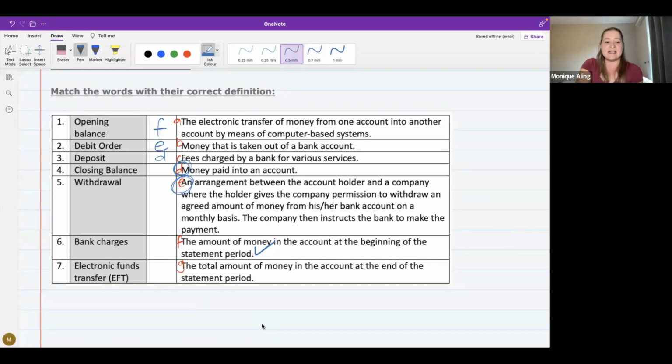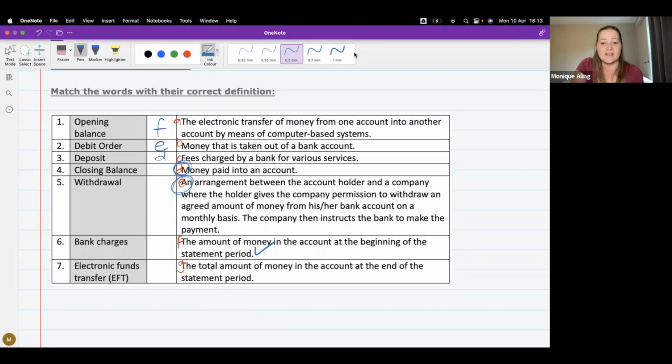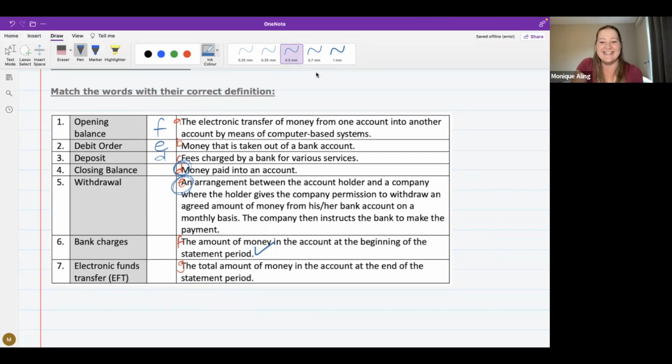Closing balance, number 4, is A, B, C, G is what we have left. Example is simply on fire. Okay. Fastest fingers today. 4 is G, the total amount of money in the account at the end of the statement period.